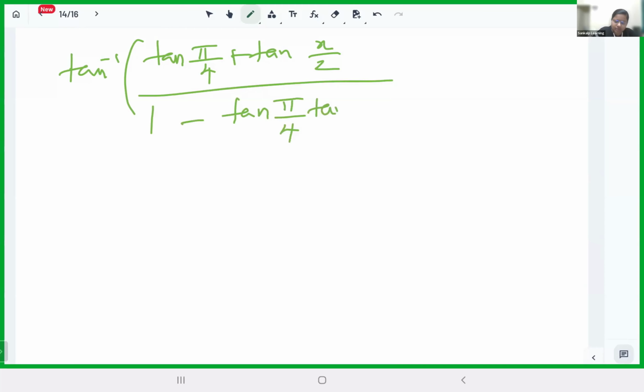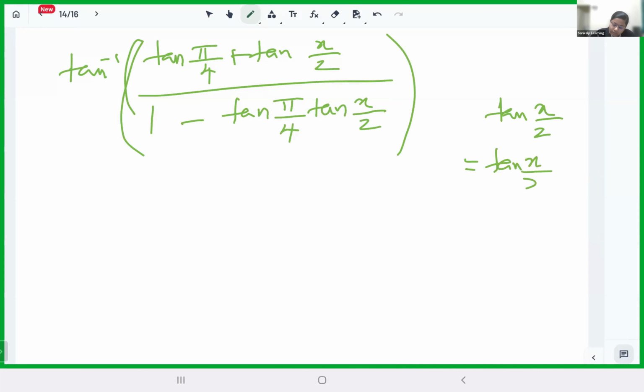Is there any change? No, because tan x by 2 is tan x by 2 into 1, and 1 can be written as tan pi by 4. We are making this adjustment to convert this into a familiar identity.